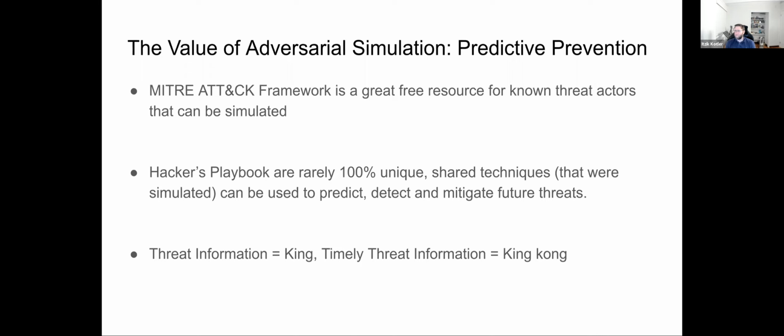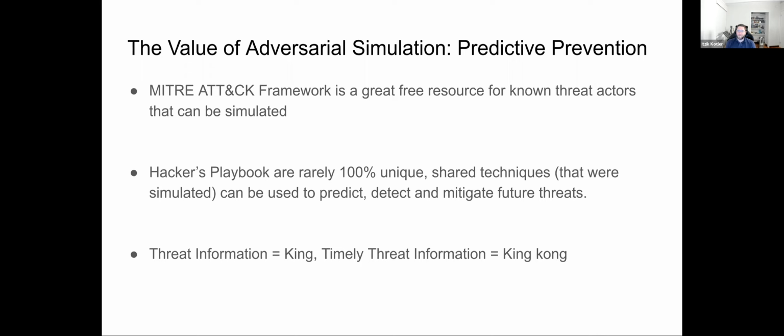So let's talk about the first one, known threat actors. One of the things that I want to highlight is that today there is a great free resource called the MITRE ATT&CK framework. And if you have not Googled this or visited that website, you should.